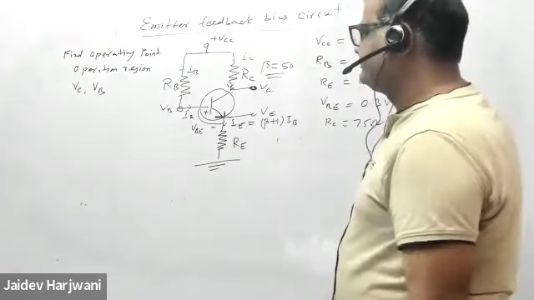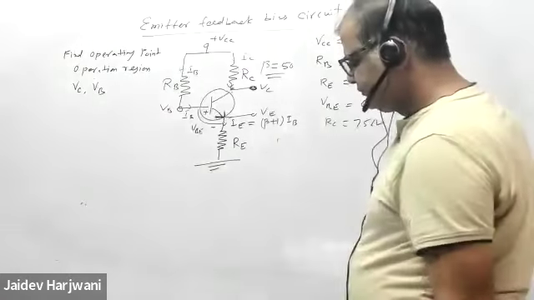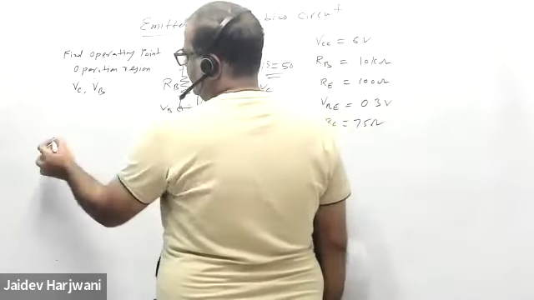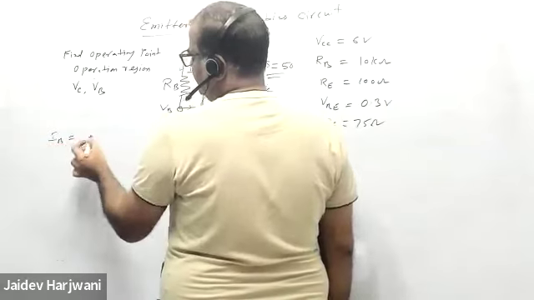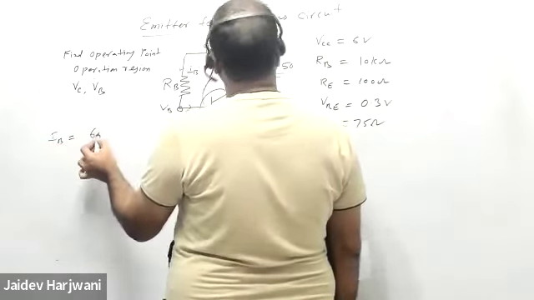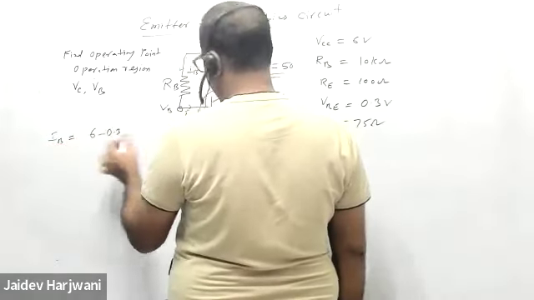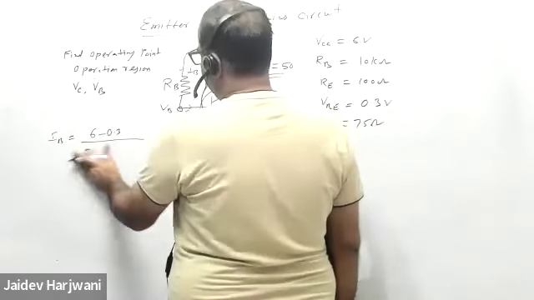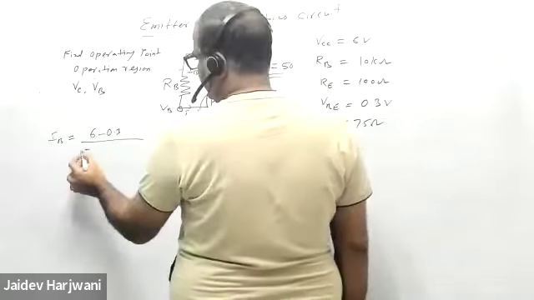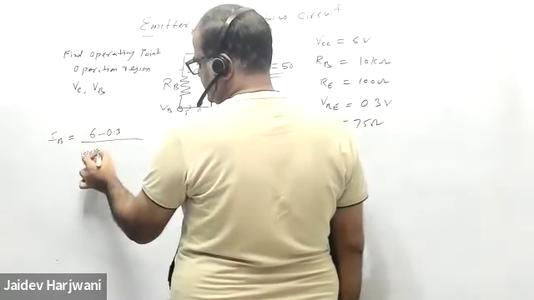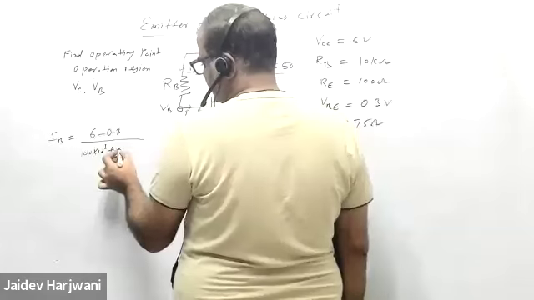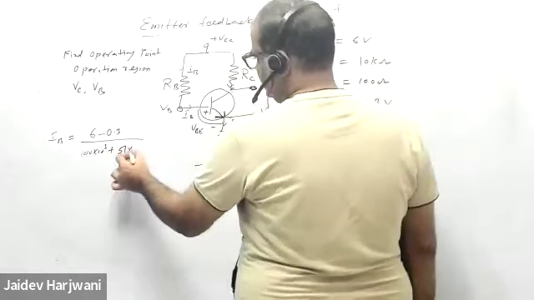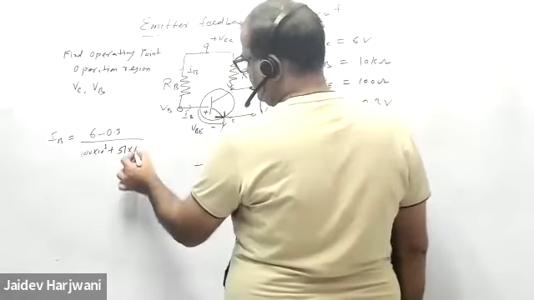So let us calculate now. IB will be VCC 6 minus 0.3, and then RB is your 100 kilo ohm plus (beta plus 1) 51 into RE. RE is 100 ohm.